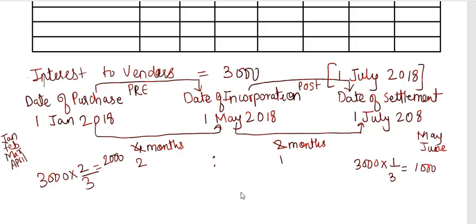So 2000 we have to give to pre-incorporation and 1000 to post-incorporation. This interest to vendor 3000 is distributed in pre-incorporation and post-incorporation. So 2000 is of pre-incorporation and 1000 is of post-incorporation.